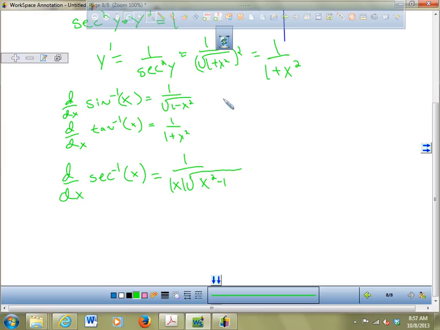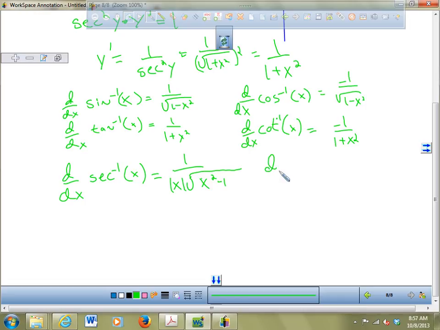So now the co-functions, d dx of inverse cosine of x, all you have to do, this is sine, cosine, is you just put a negative up top, okay? 1 minus x squared. d dx of cotangent inverse of x is equal to negative 1 over 1 plus x squared.